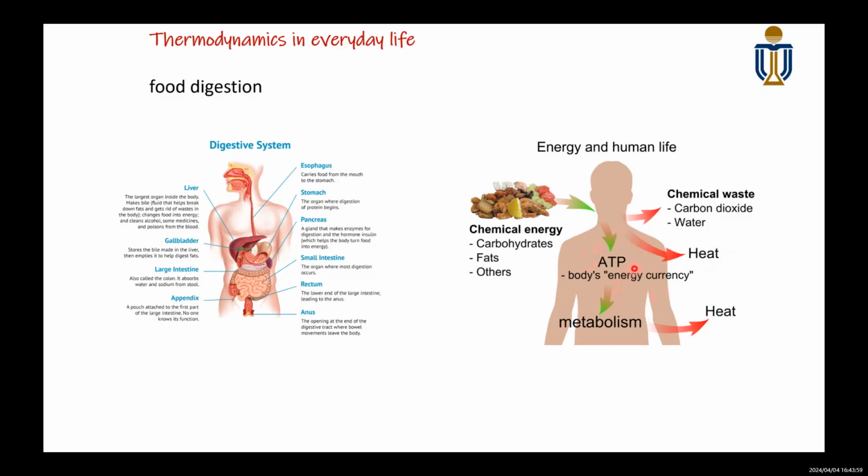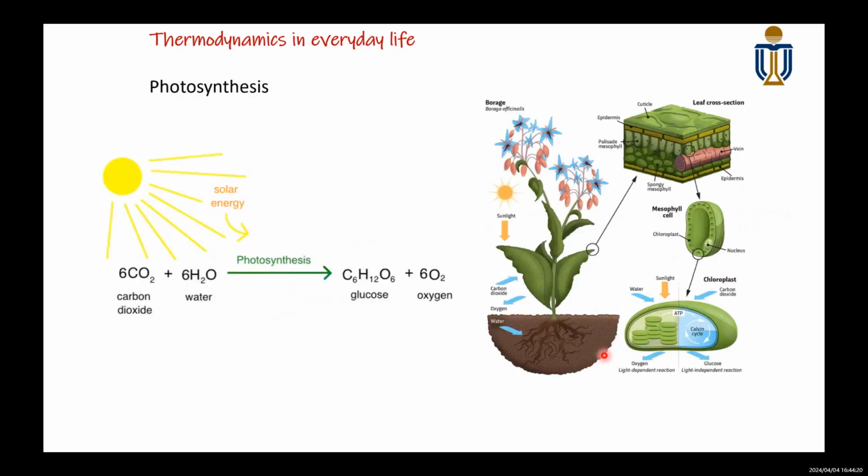ATP is a molecule that serves as the primary energy source for many cellular processes in the human body. ATP is produced in the cells through the process of cellular respiration and then used to power a variety of biological reactions. We can also call them metabolism.